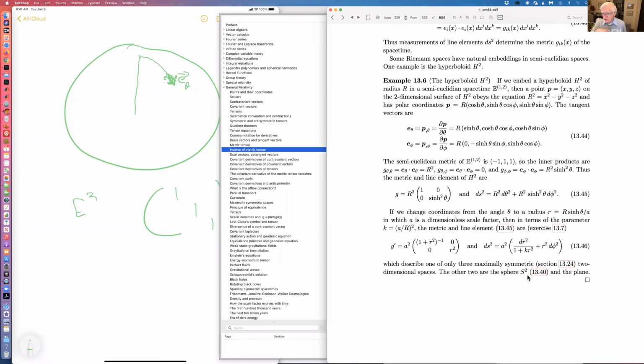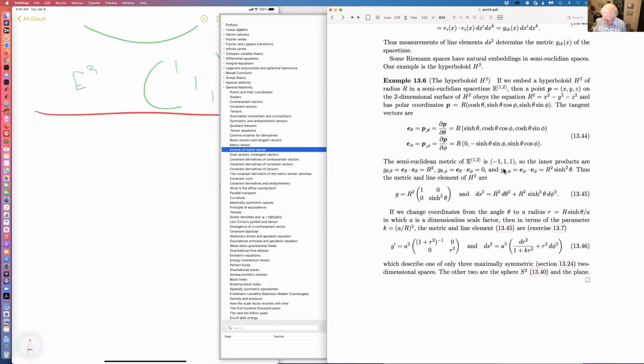Now, as I said, you can imagine that we have a hyperboloid, and this hyperboloid H2 is actually pretty weird. It's a surface embedded in a semi-Euclidean spacetime, so this is a space with a different metric. In the previous case, this was S2.